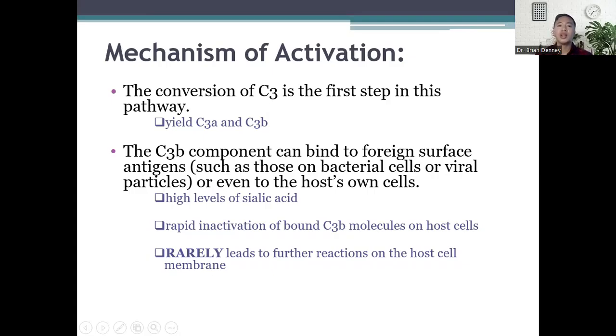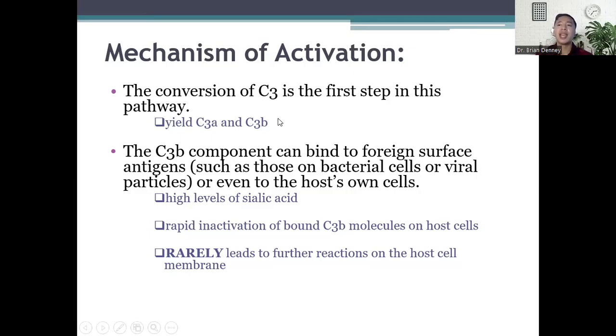The water causes exposure of a thioester bond. The water causes hydrolysis of the thioester bond found in C3, causing C3 now to be proteolyzed or cleaved into fragments, namely C3a and C3b.